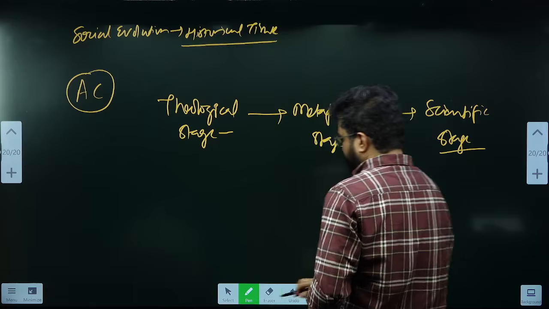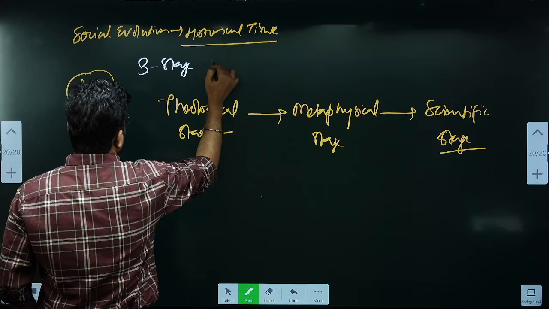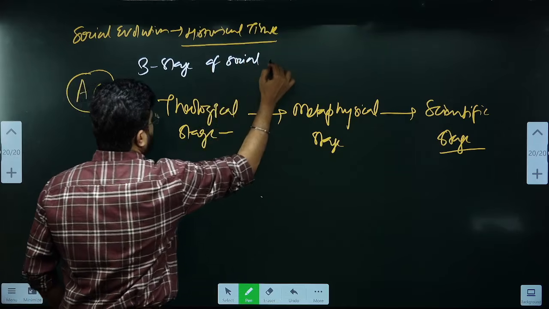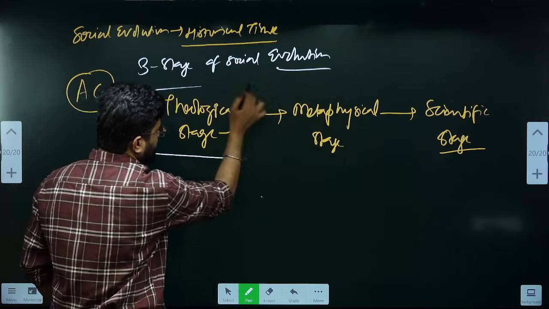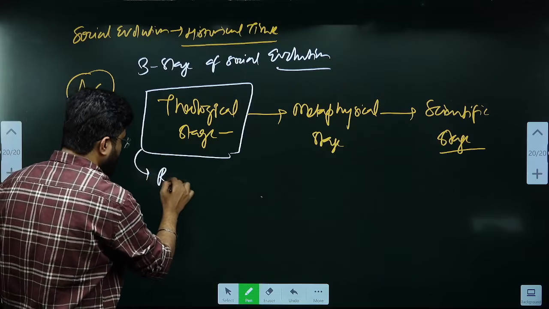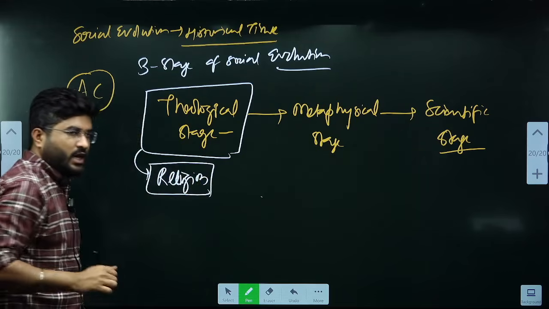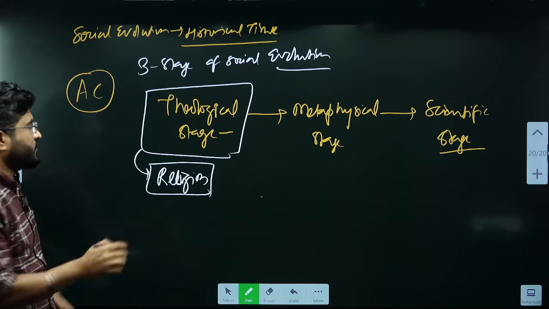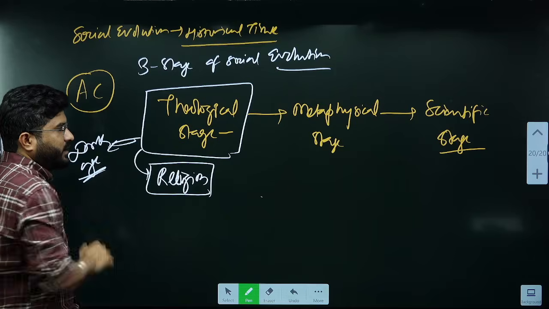So he gave the three-stage theory of social evolution. What do we mean by the theological stage? In the theological stage, the society is based on what? Religion. Religion dictates everything here.